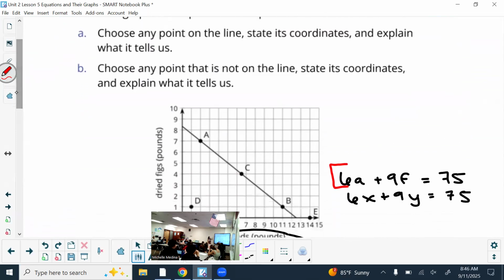First, you're going to choose a point that's on the line. Tell me what its coordinates are and explain what it tells us about the situation. So remember, coordinates go in the order X and then Y. So that's a little trick for that part. And then choose a point that's not on the line, state its coordinate, and be able to explain what it tells us about it.